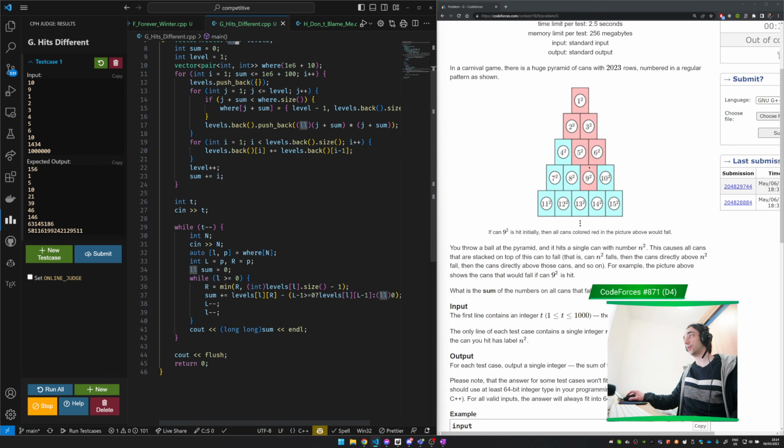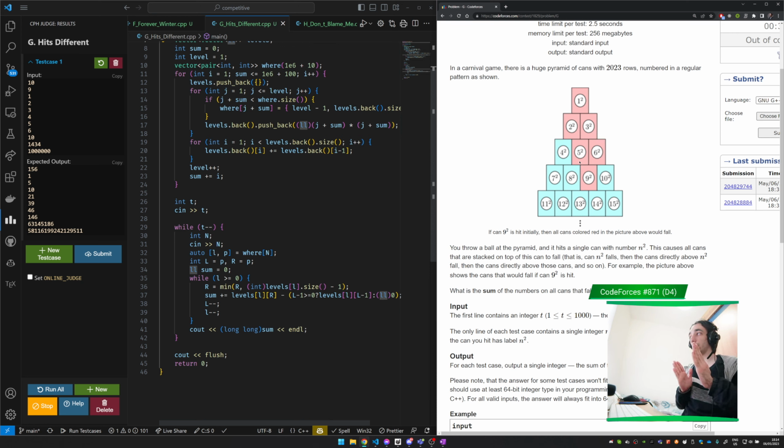Then what you have to observe is that if you're in some position, let's say this is 2, 0, 1, 2, and then you're here in this 9 squared. On the next level up, you have some interval that you're summing up all the time.